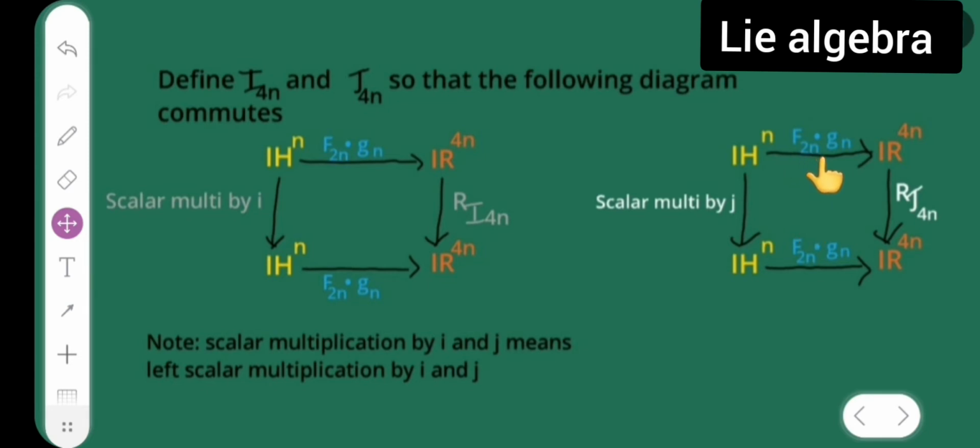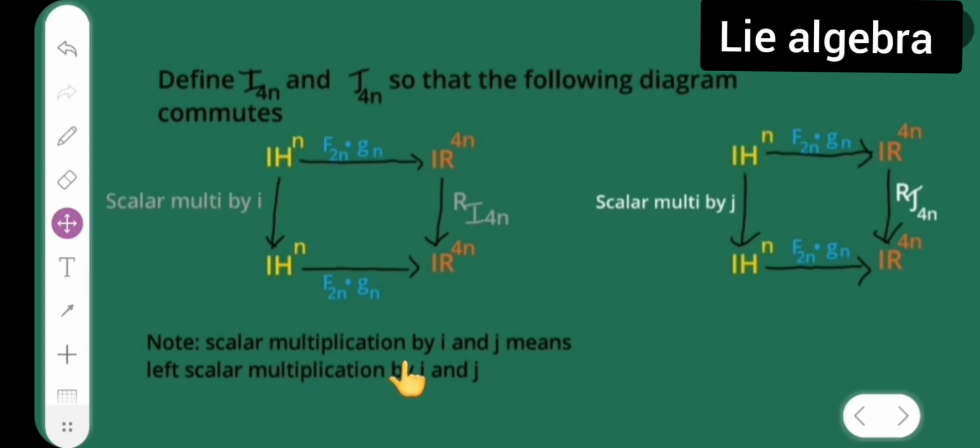So again F2n into Gn goes from Hn tending to R4n, and this is my scalar multiplication by J, and this is my Rj4n. Here I have given you all one note.